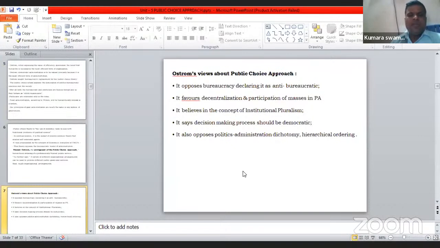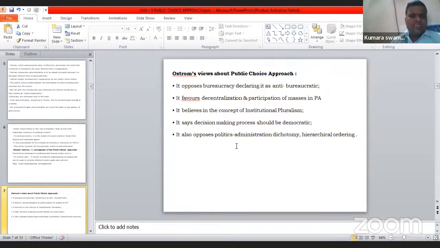According to his opinion, this is opposed to bureaucracy and is an anti-bureaucratic aspect. He says that it favors decentralization and the participation of the masses in public administration. Ostrom believes that the public choice approach is a concept of institutional pluralism.